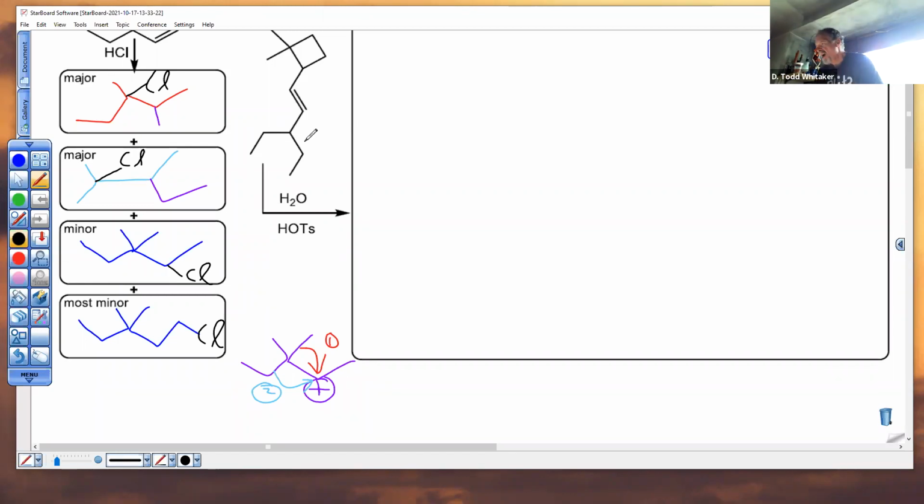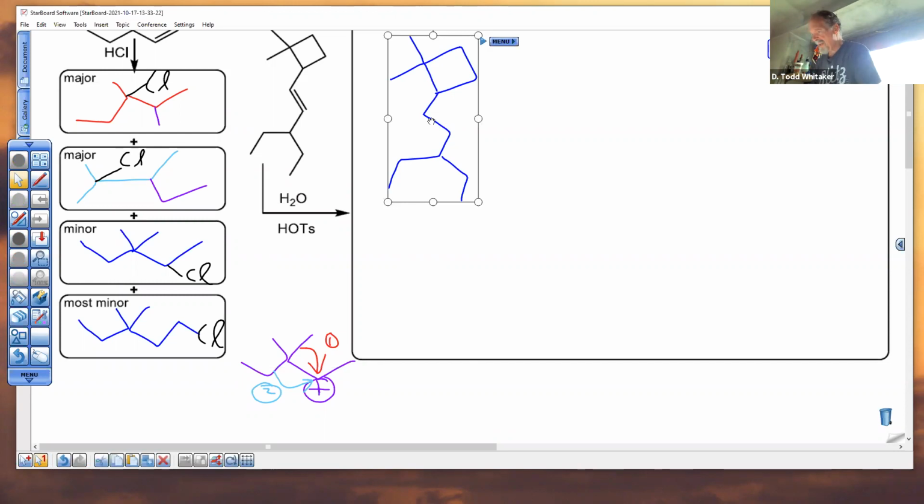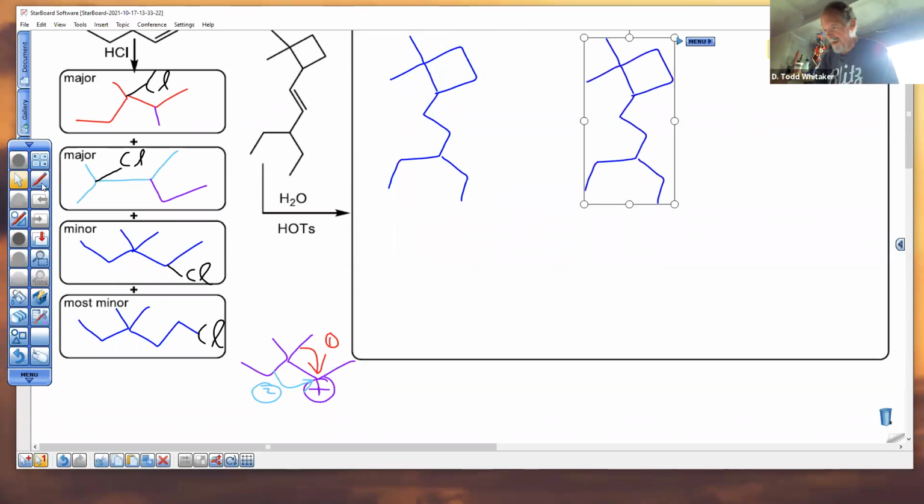All right, so let's draw the two obvious products and put them up near the top. They won't be circled because they're not major. And in the interest of saving a little time, they both come from there.